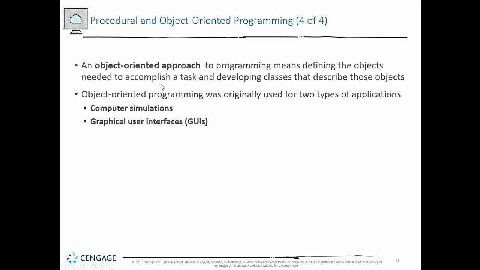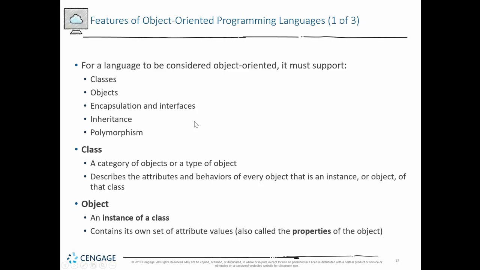Originally, as mentioned, object-oriented programming used two different types of apps: computer simulations, I already mentioned Simula 65 to you, and graphical user interfaces, or GUIs. For a language to be considered object-oriented, it must, at a minimum, support, it doesn't mean you use all of these, but it must support at least these 5 concepts.